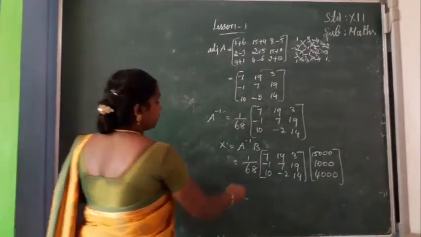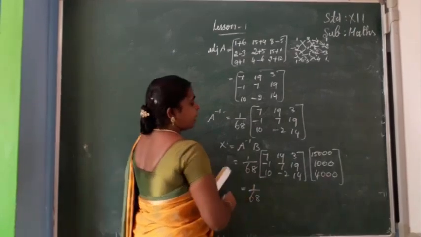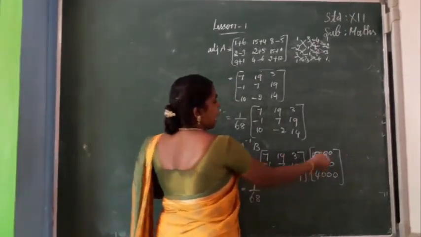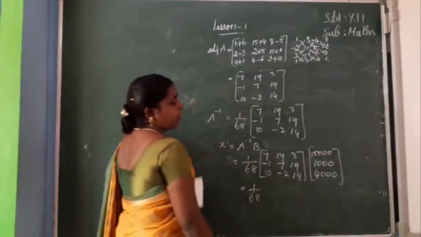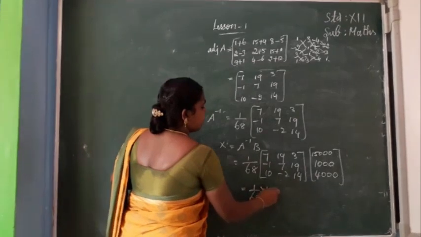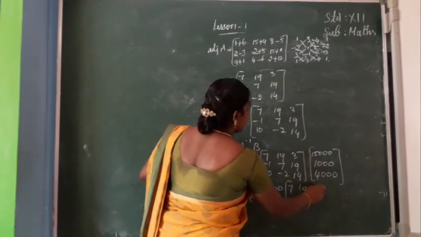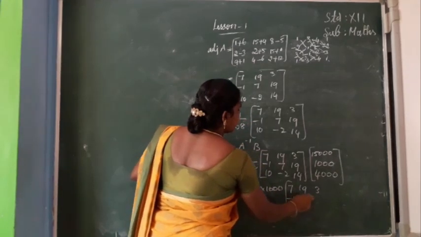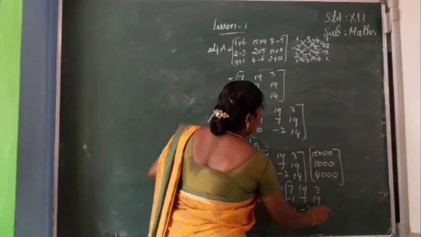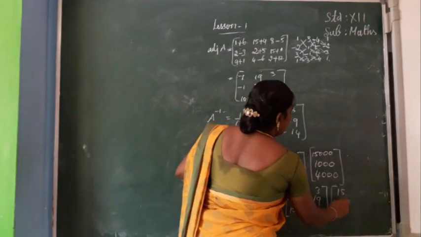Next you multiply 1 by 68 into, actually I have to multiply first row first column. You see, in the second matrix all the elements are multiples of 1,000, so you can take 1,000 outside. So into 1,000, the remaining is 7, 19, 3, minus 1, 7, 19, 10, minus 2, 14, and here 15, 1, 4.